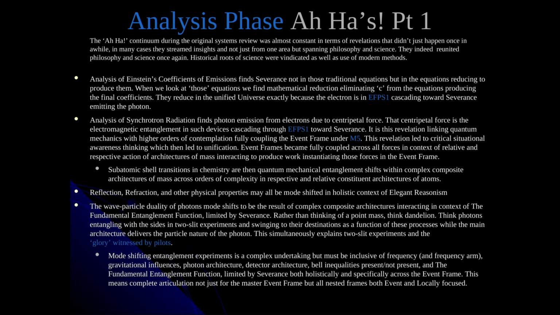Because once you're in science and you're making assumptions based on what it is you thought you knew, without the framework of elegant reasonism, you are completely unaware of contextual changes that are highly systemic and driven by abstraction layers representing the lowest ordered details that you may be assuming.